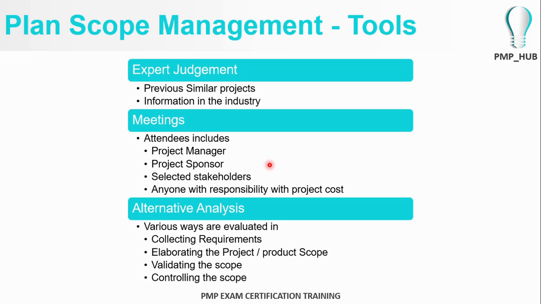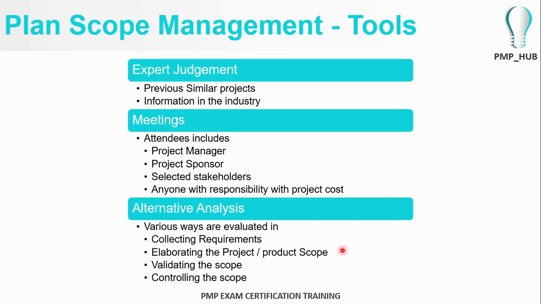Also, you as a project manager can have a series of meetings with your sponsor, selected key stakeholders, and anybody who is responsible for your project to discuss how you are going to manage the scope of this project. Also, you could consider alternative analysis of various ways of evaluating the collected requirements.